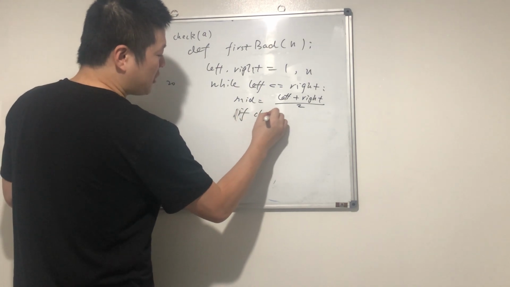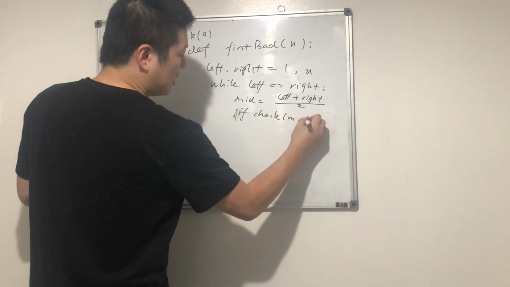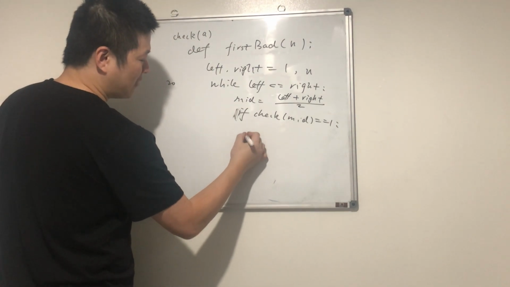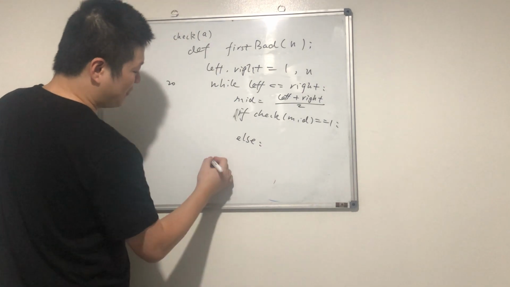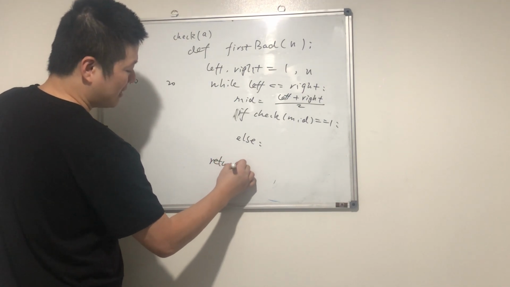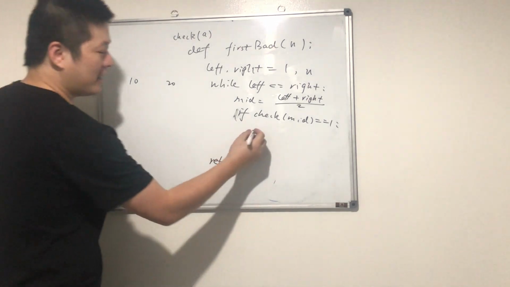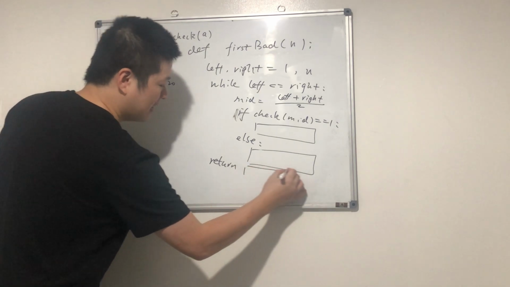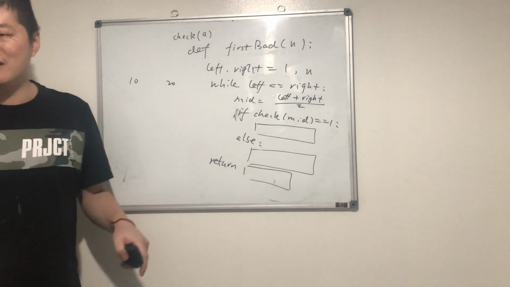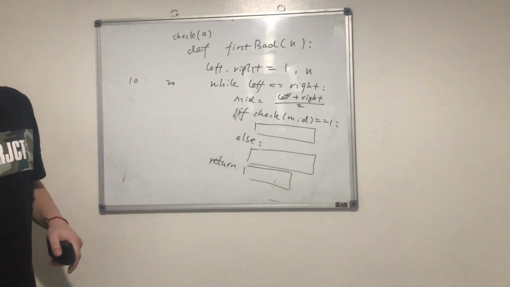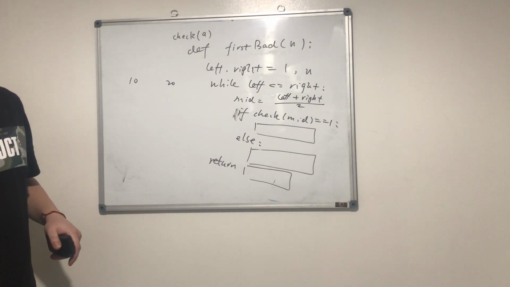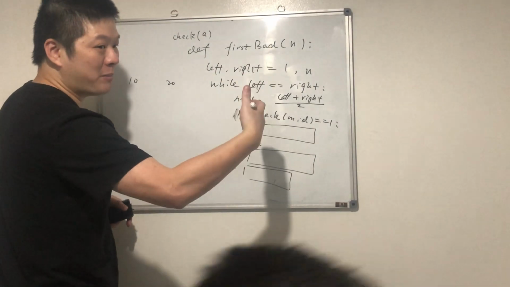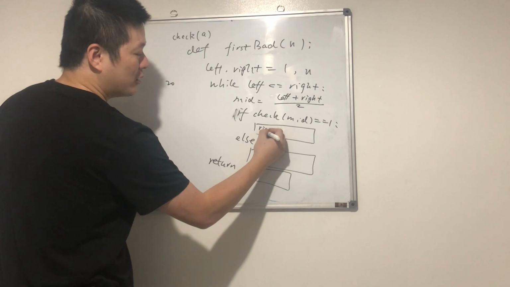Now if check mid is 1, what should I do here? Else, what should I do here? And return what? There are 3 things you need to fill in. If the middle is 1, the answer is going to be in the left-hand side, so we set right to mid minus 1.